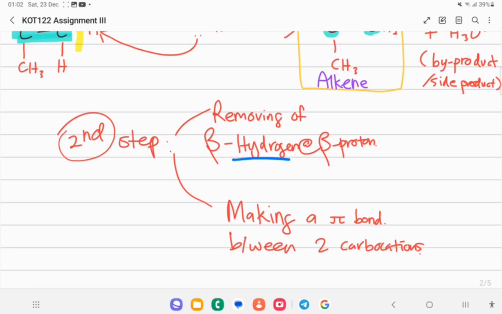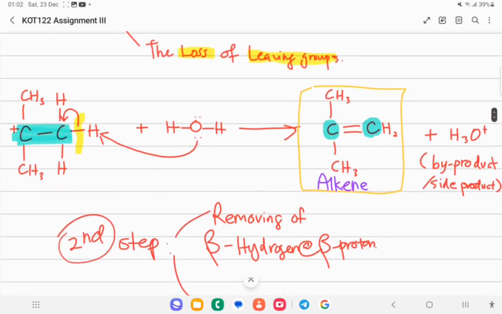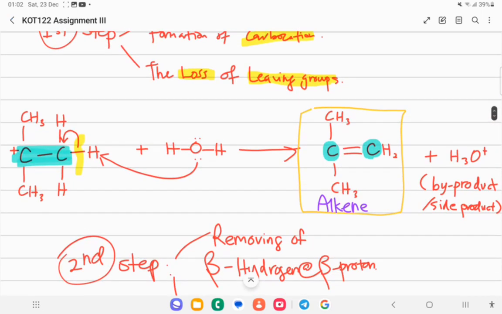The second is the formation of a new pi bond between two carbons, and we will form an alkene, which is a new functional group, a carbon-carbon double bond. When you understand what happened in the second step, we can now proceed.